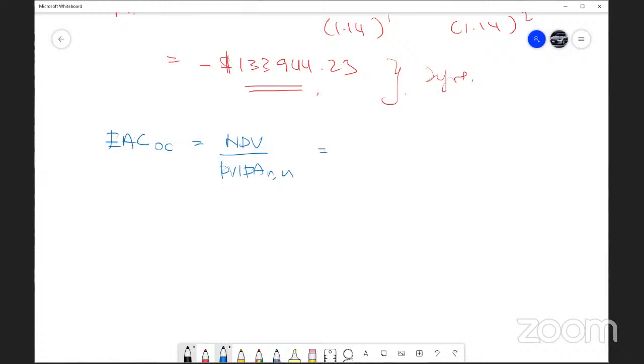So the NPV for your new computer is negative 205,885.31, divided by your PVIFA, which is 1 minus 1 over 1.14 to the power of 5, divided by 0.14.